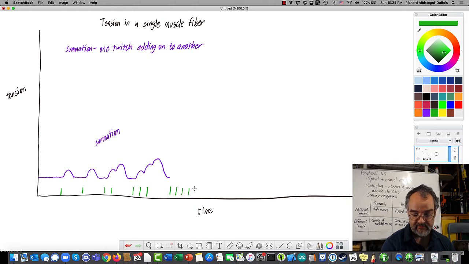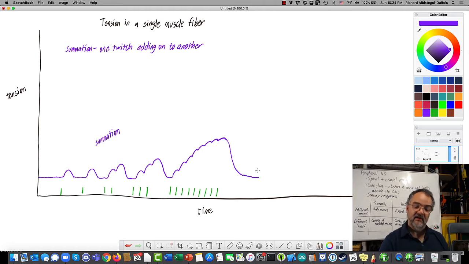What happens if I just keep having action potentials? And what we get is this. You'll note that in this example, we are now sustaining force in that muscle fiber over time.